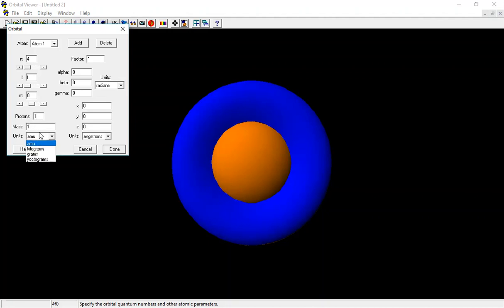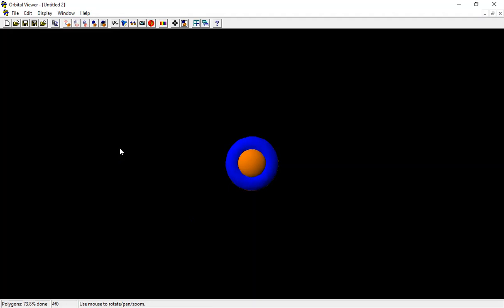Okay. So I want to demonstrate this. Look what happens when we change the protons from 1 all the way up to 6. Let's see what happens. Look at how much smaller that got.